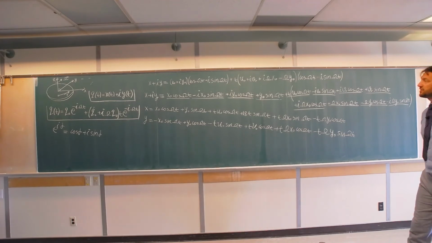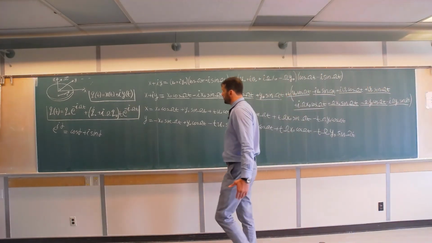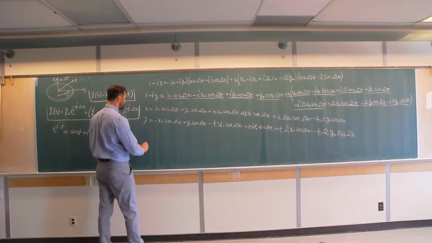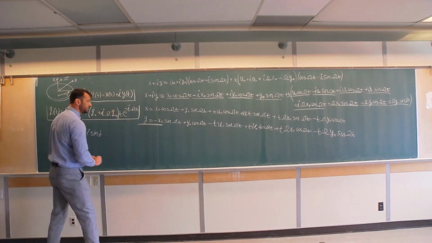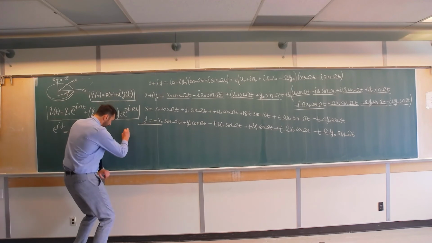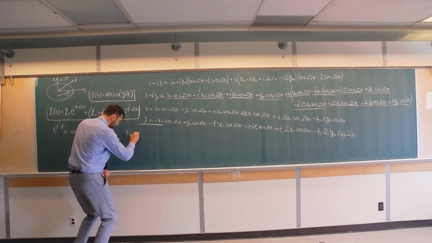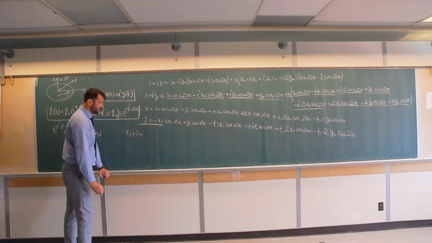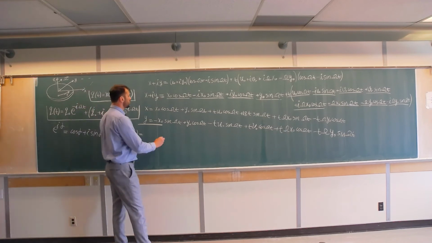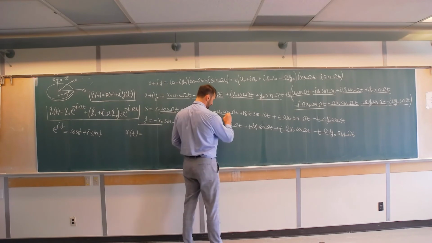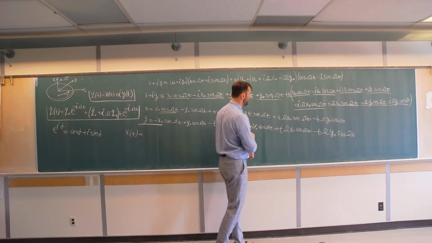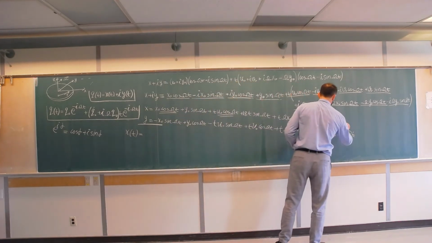Well, so basically this is the solution, but of course we will not leave it nasty like this. What we will do, let's write here, we will say that x as a function of time is equal to. Let us collect all cosine terms. This is a cosine term. This is a cosine term. And this over here is a cosine term.